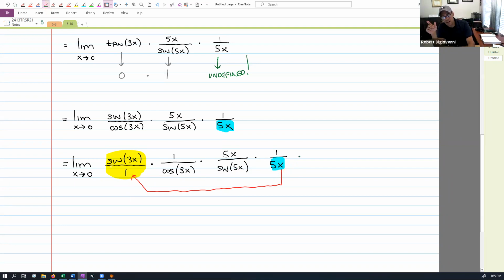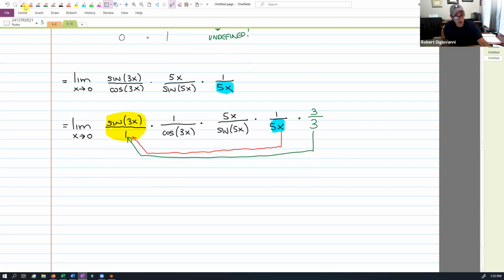So over here on the side in green, I'm going to make the 3 appear. 3 over 3. And I'm going to grab just the 3 and slide it out over here. So I'm going to move the x and a 3 over there and rewrite the entire expression and see what I get.